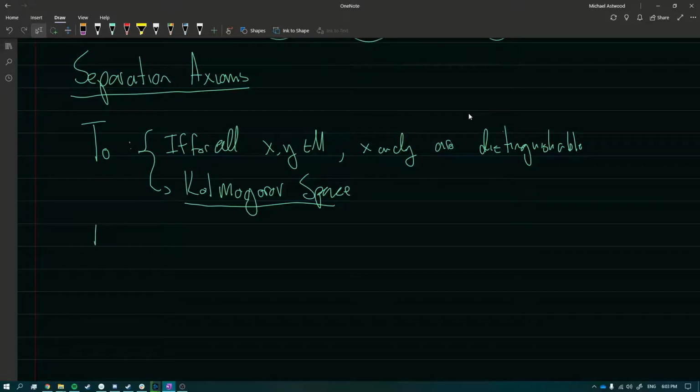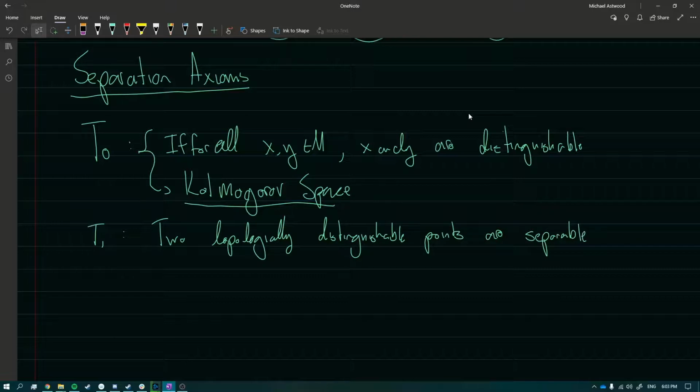So T1 then is called a Frechet space, and it says that two topologically distinguishable points are separable.